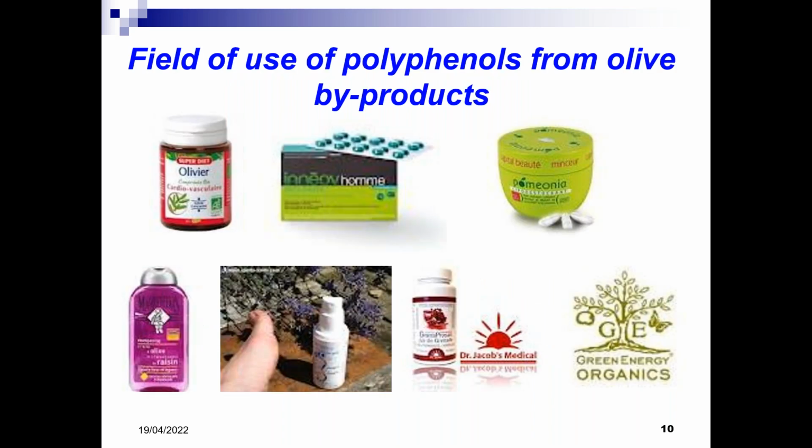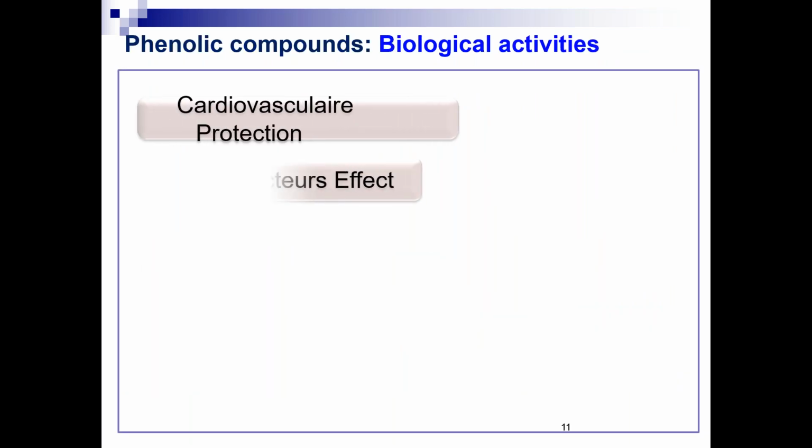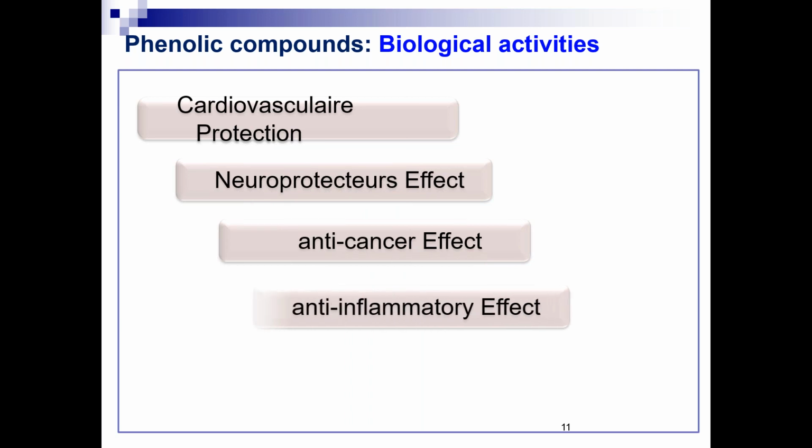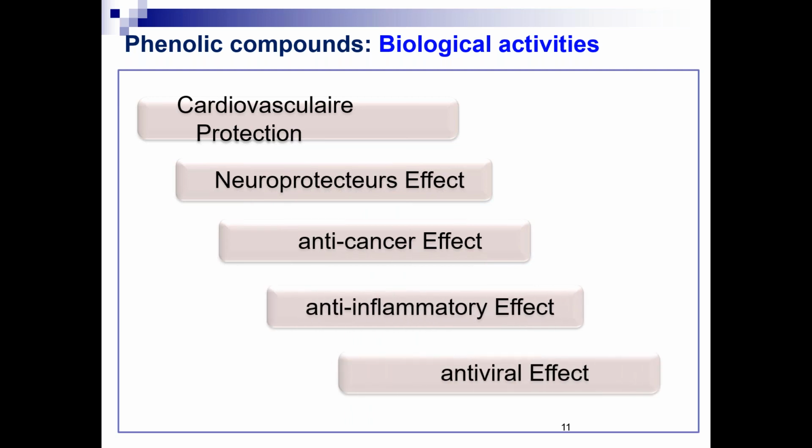The field of use of polyphenols from olive byproduct is very large. You can see them as a medicament, as a cream, as a shampoo, as an antifungal, and others. The biological activities of these compounds are very interesting, such as cardiovascular protection, neuroprotective effect, anti-cancer effect, anti-inflammatory effect, and also antiviral effect.